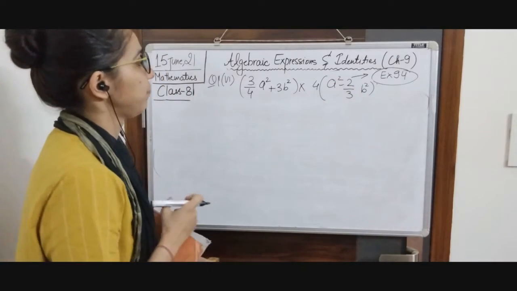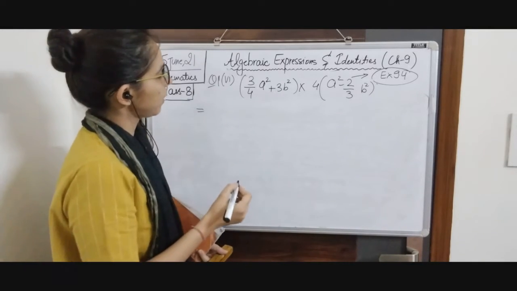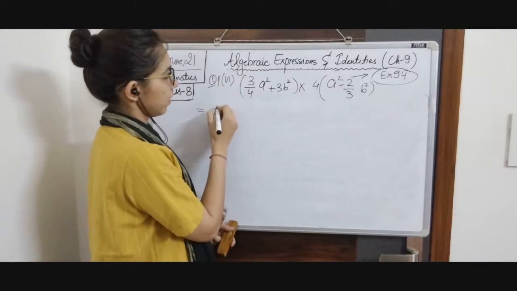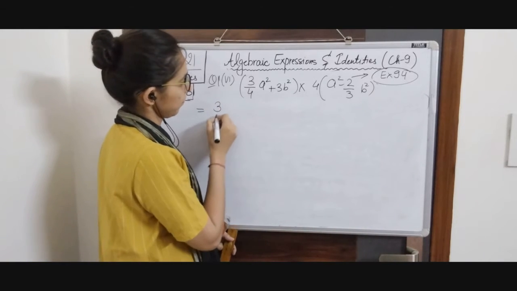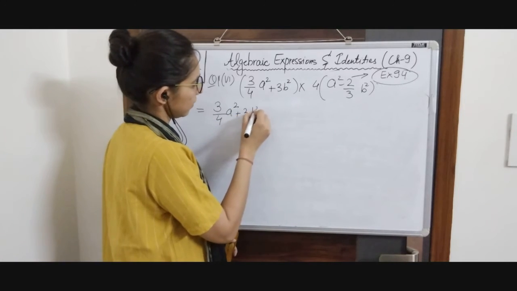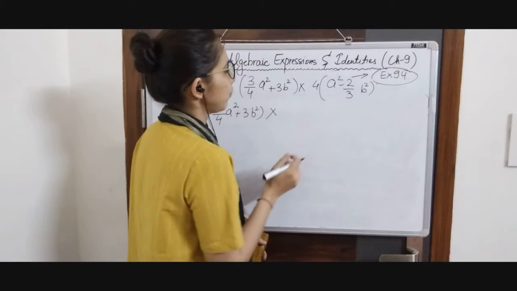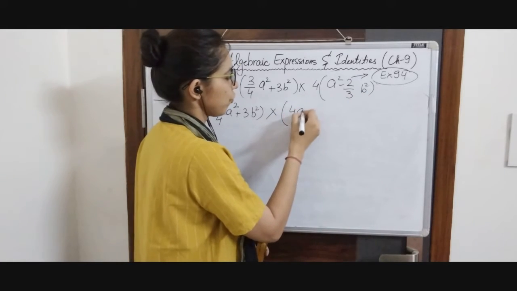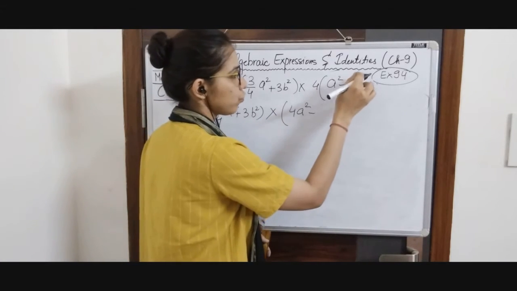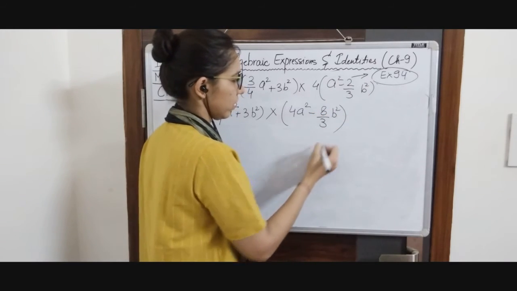Okay. To simplify this, you will write first binomial as it is. You will open the bracket for this one. It will be 4a square minus 4 into 2, 8 by 3b square.